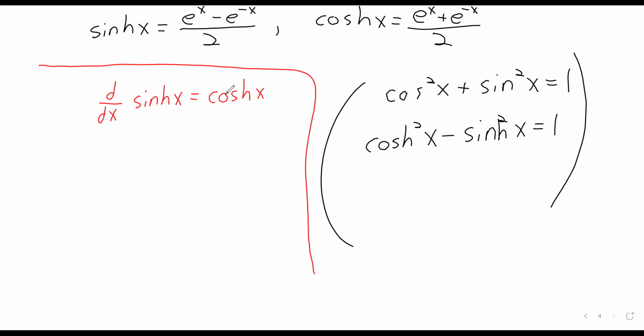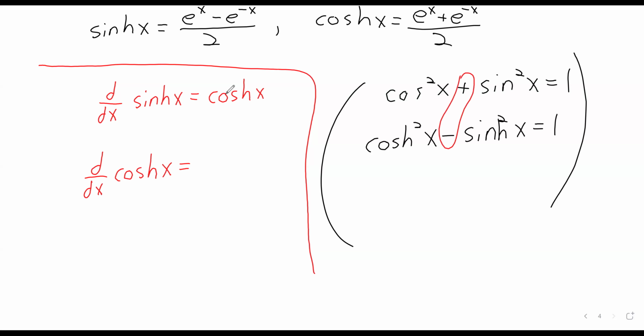And once again, for the derivative of the hyperbolic cosine, you might expect it to be the negative hyperbolic sine, but just like over here, it's off by a negative sign.